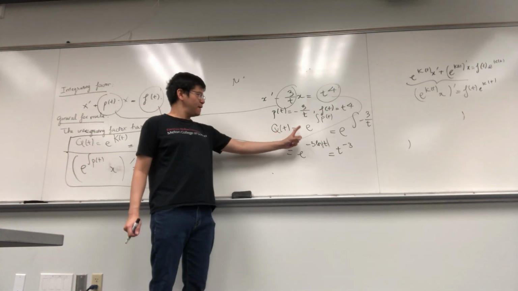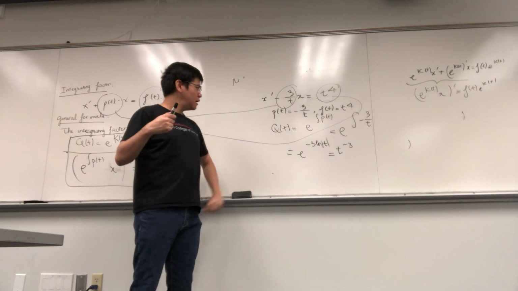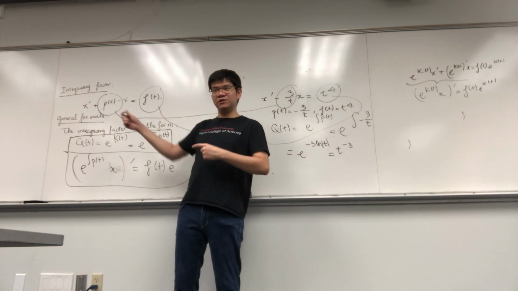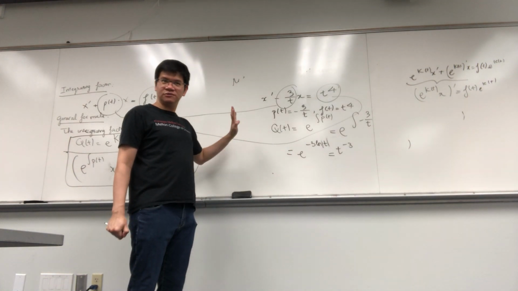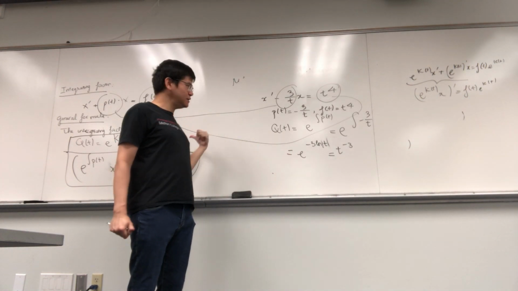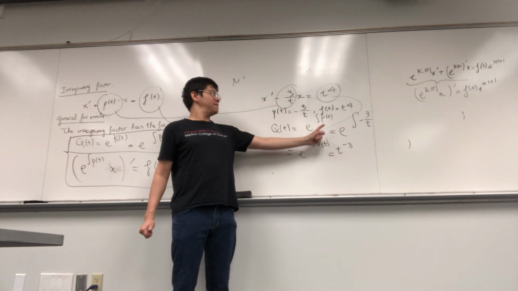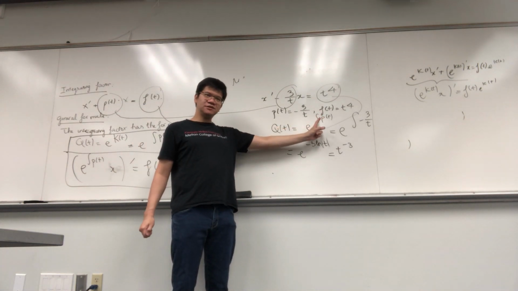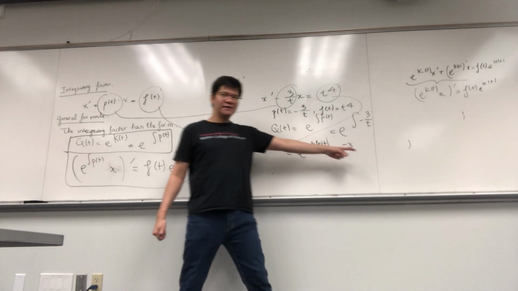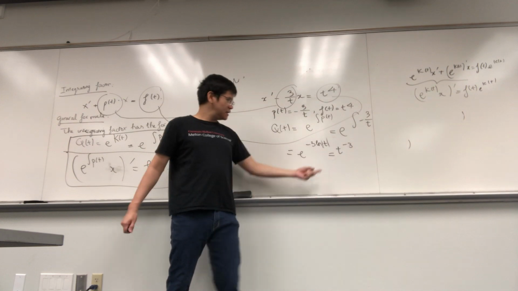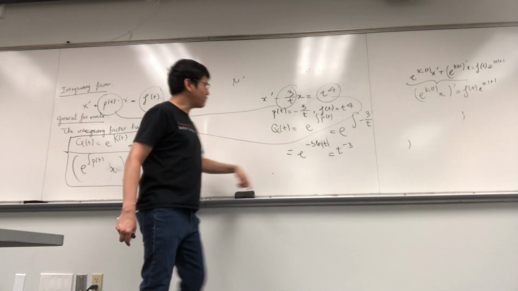So I explain again. I'm going to use this formula. In the previous class, we learned how to derive this formula. But here, we just try to use this formula to understand the meaning of the formula. So in this case, q will be e to the antiderivative of p(t). p(t) in this case is minus 3 over t. So the antiderivative of this guy is t to the power minus 3. Right?